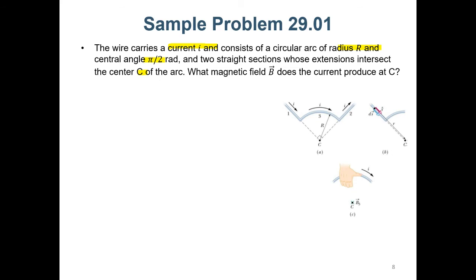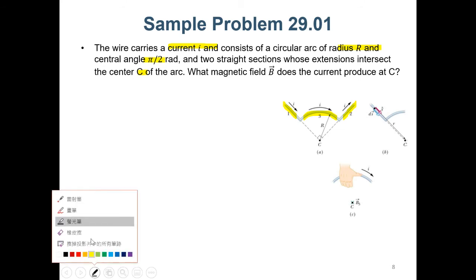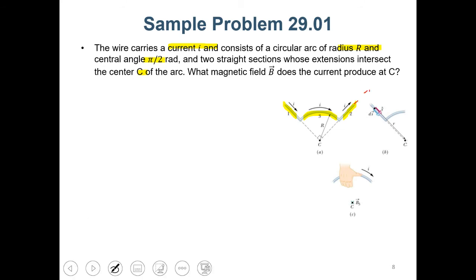What magnetic field B does the current produce at C? So we consider 3 segments, 1, 2, and 3. Of course, there is a current wire. We don't consider far away. Maybe it goes to infinite far away, and then it forms a loop.